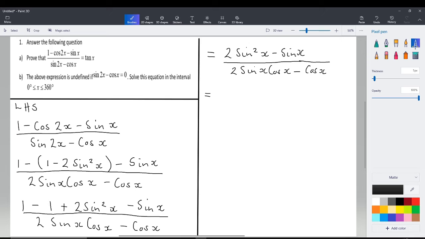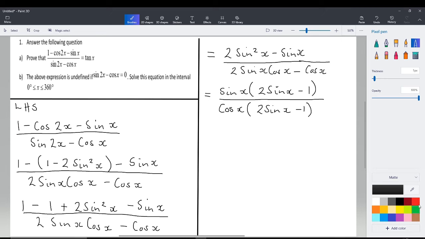We factorize the numerator. Common factor there is sine x. Then we have 2 sine x minus 1 left in the brackets. This is all over, common factor there is cos x, and in the brackets we have 2 sine x minus 1 left.